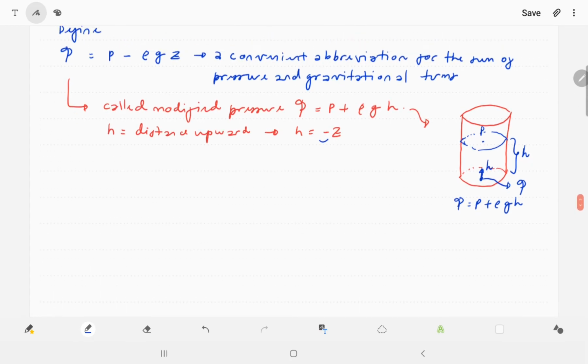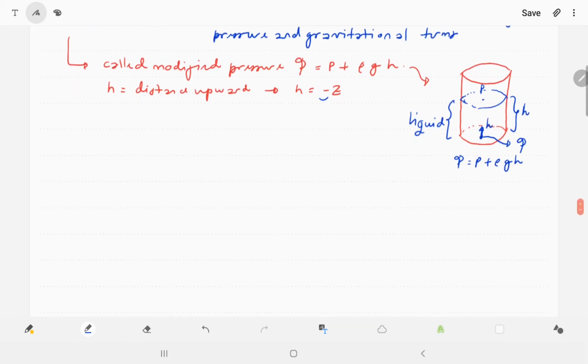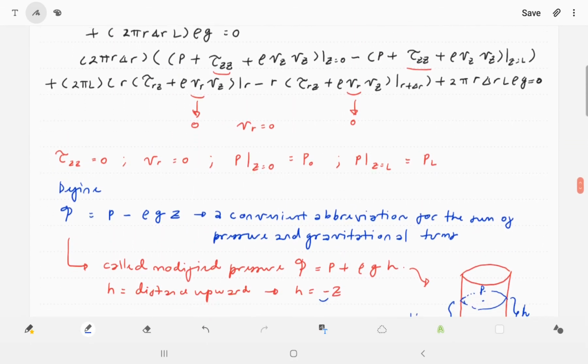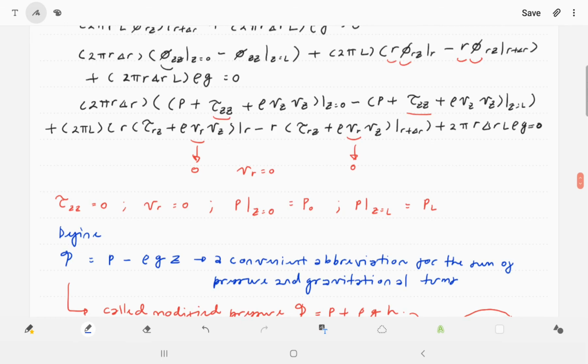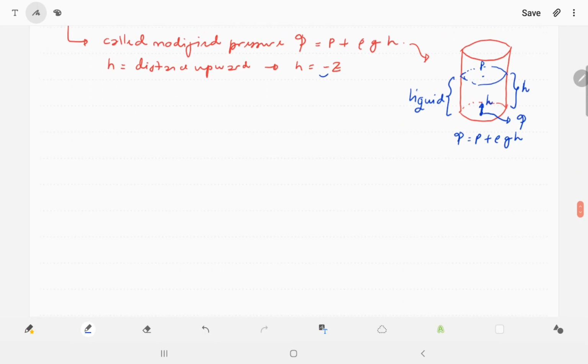So it's just showing you that this is basically filled with liquid, and this will make our final expression easier. Once we have this term in here, we can continue from it. We can make it in terms of the modified pressure difference.